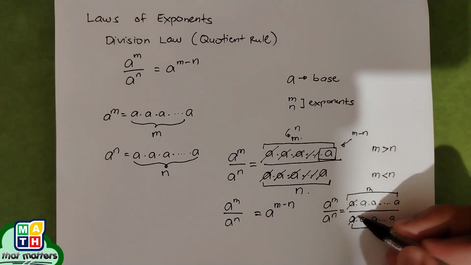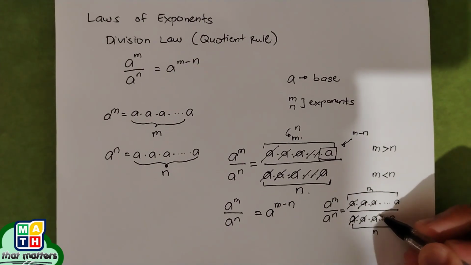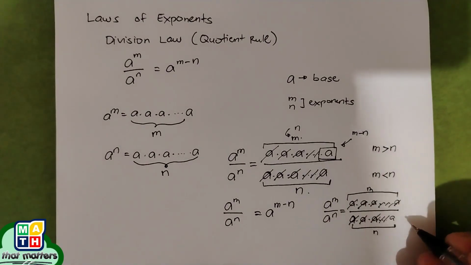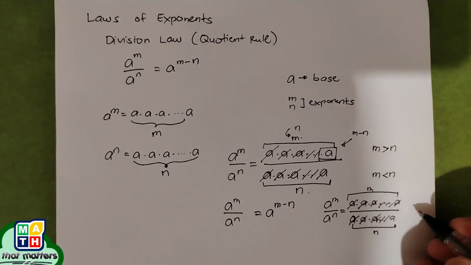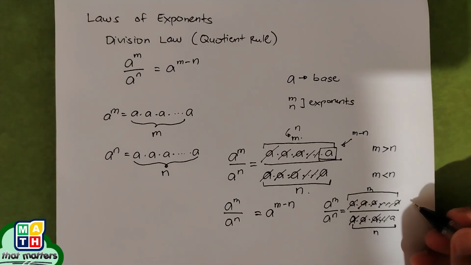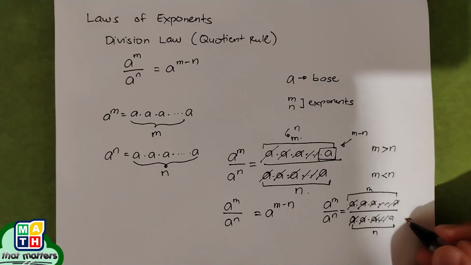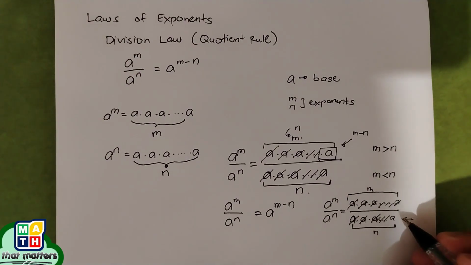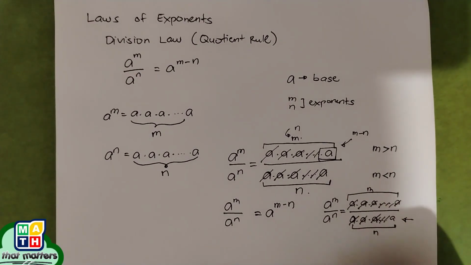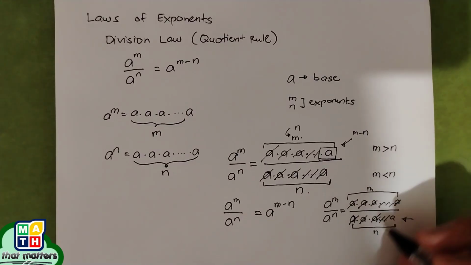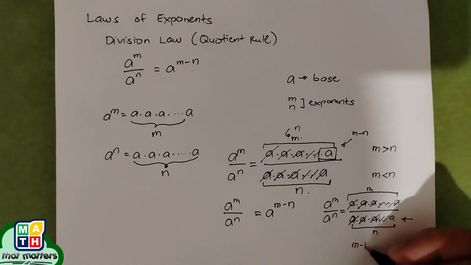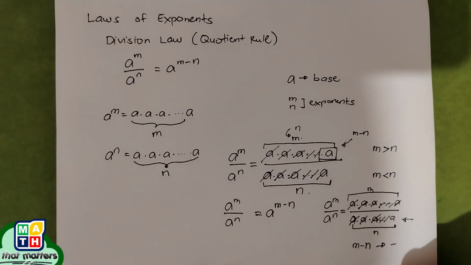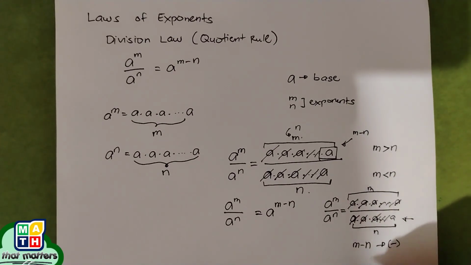Once you use the cancellation law, all the a's in our numerator will have a pair in our denominator, meaning there would be no more a's in our numerator, but there will be some left in our denominator. This is still true by the subtraction, where we subtract n from m, but this gives us a negative exponent.